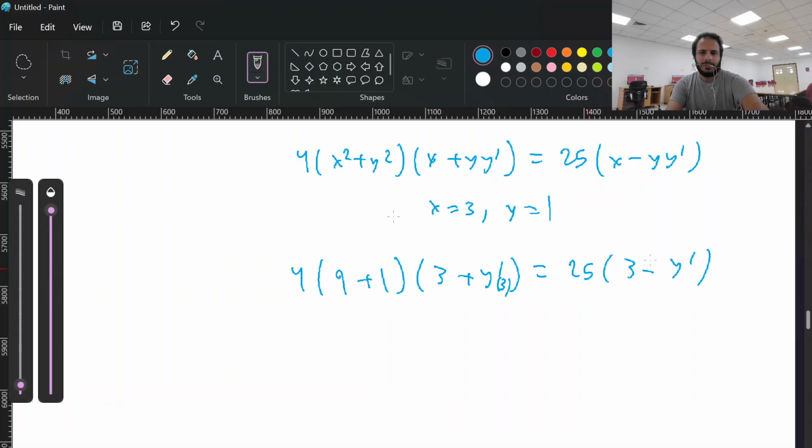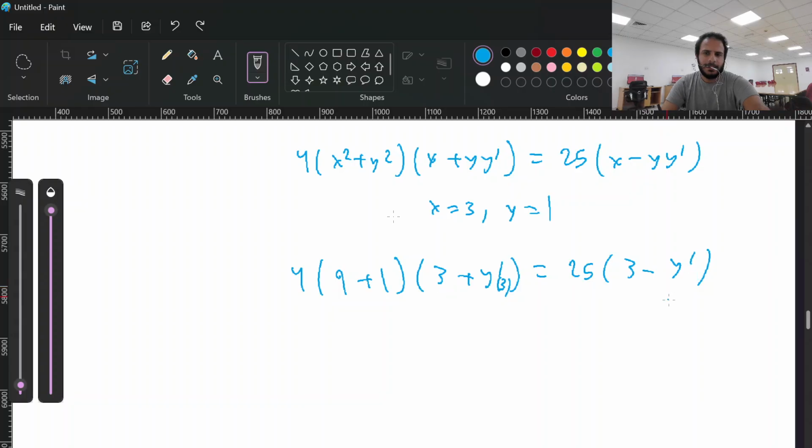We need to get the y prime. You substitute x equals 3 and also y prime. I got it negative 0.31.